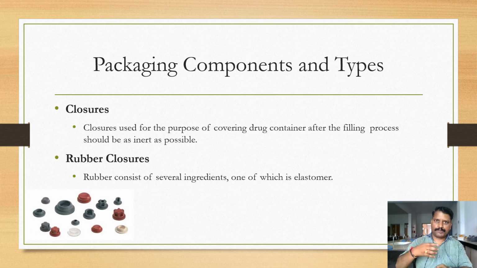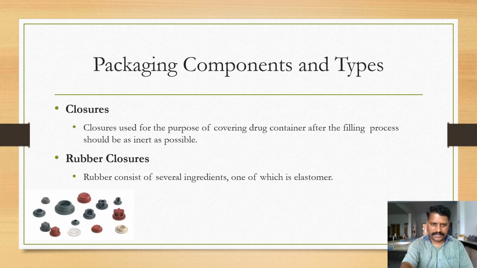These are the type of primary container, so there is direct contact between the content, meaning the solution, and the rubber closure, the inner surfaces of the rubber closure. So there are chances of release of the components or color pigments of the rubber closure into the content. Rubber consists of several ingredients, one of which is elastomers.